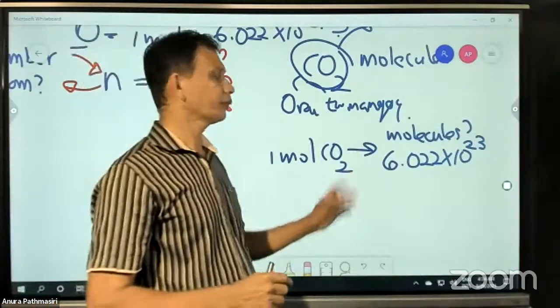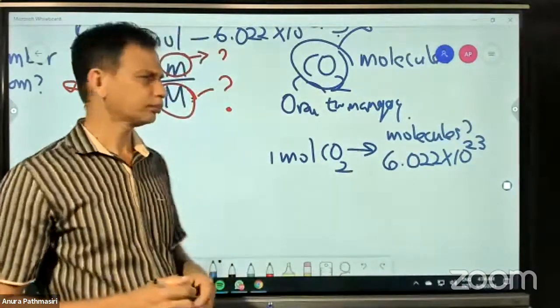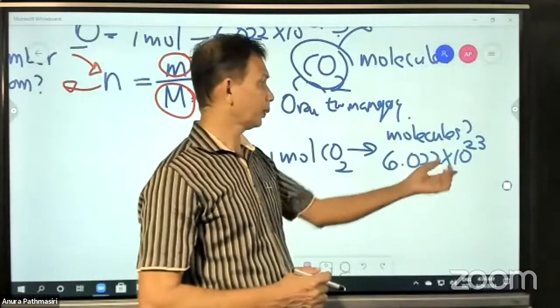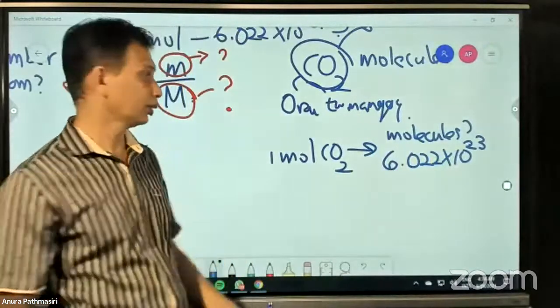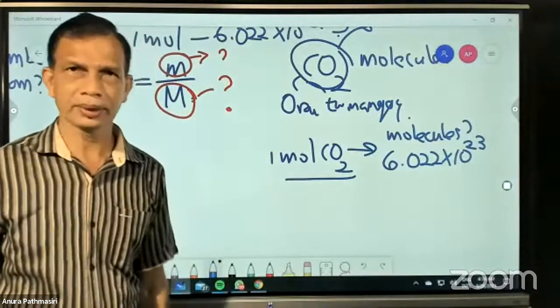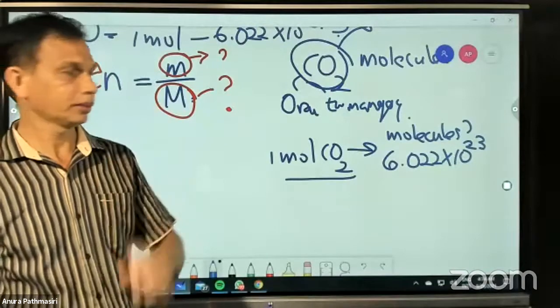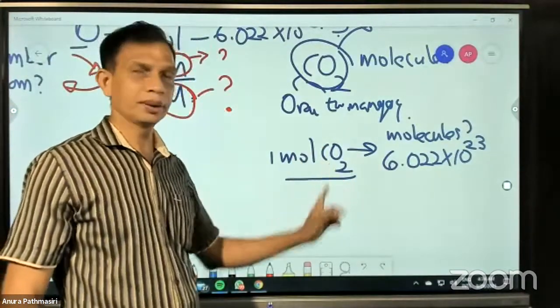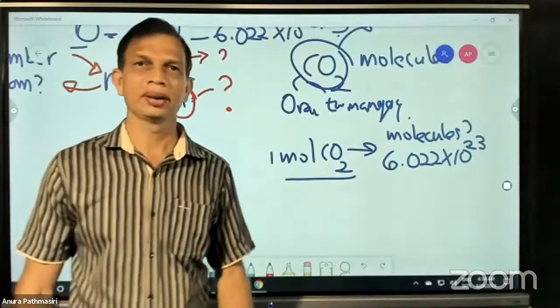And if you have carbon dioxide as 1 unit, then you can have 6.022 times 10 to the power 23 of them in 1 mole of carbon dioxide.